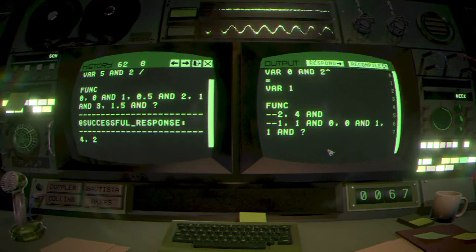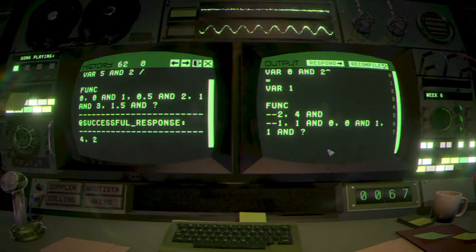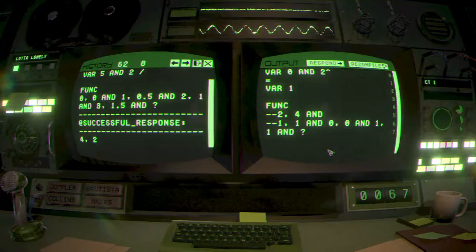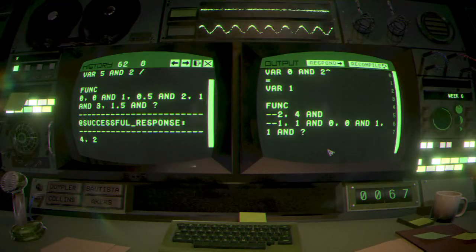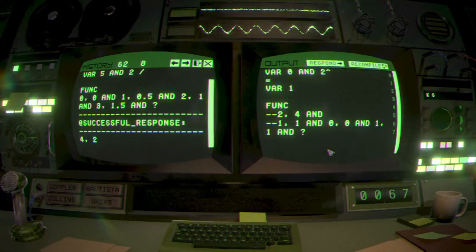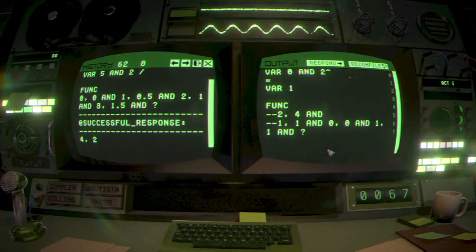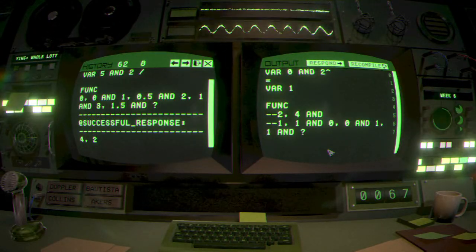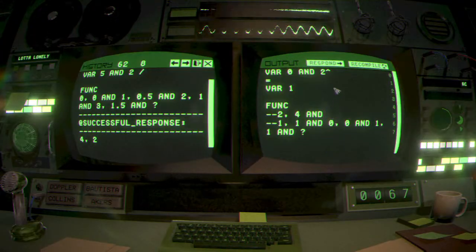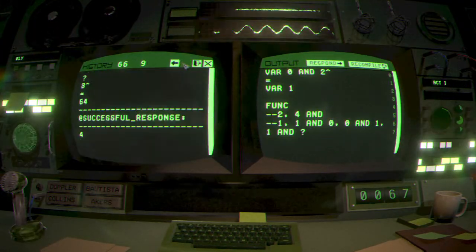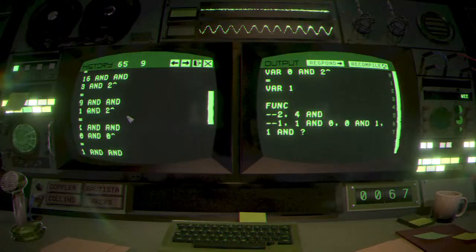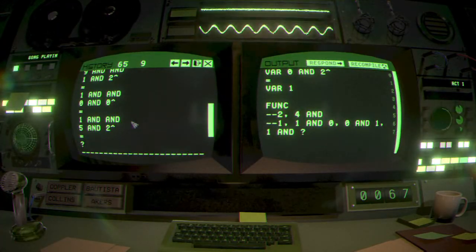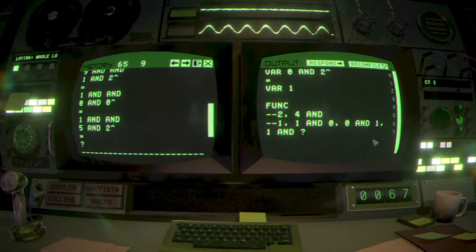I'm looking at this wrong then. -2 squared gives 4. -1 squared gives 1. 0 squared... Zero squared is not 0, is it? Because the previous one told me 0 squared is 1. So I must be looking at this wrong.